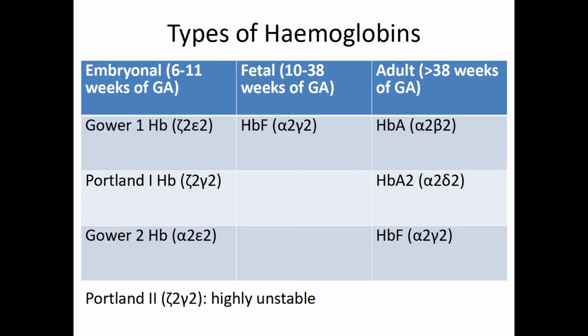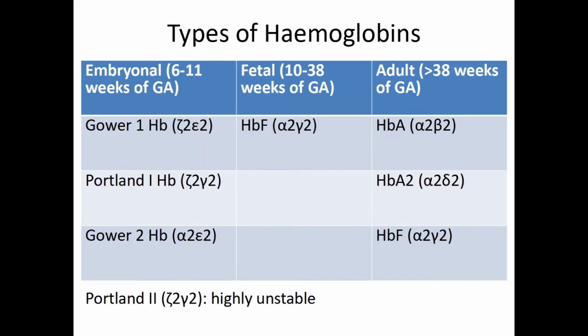When it comes to the fetal stage, there will be what is known as fetal hemoglobin or HbF, which will have 2 alpha and 2 gamma chains. And in adult stage, the main one is HbA, which is comprised of 2 alpha and 2 beta globin chains. HbA2 and HbF are in very less quantities in adults. HbA2 made of 2 alpha and 2 delta chains, and HbF made of 2 alpha and 2 gamma chains.